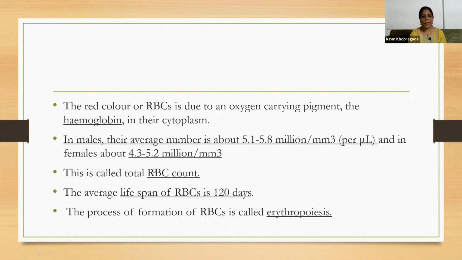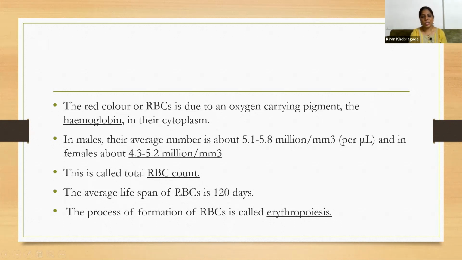This is called RBC count. RBC count means what? In your blood, how many RBC cells are present? How many RBC cells are produced in the blood? That is called total RBC count.